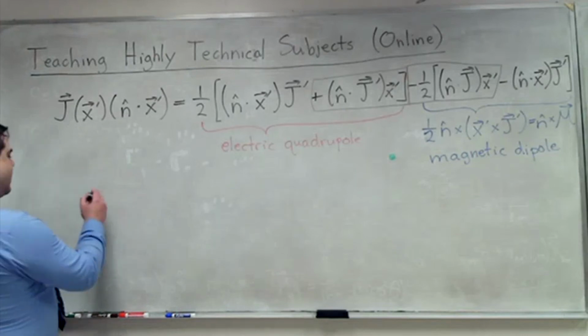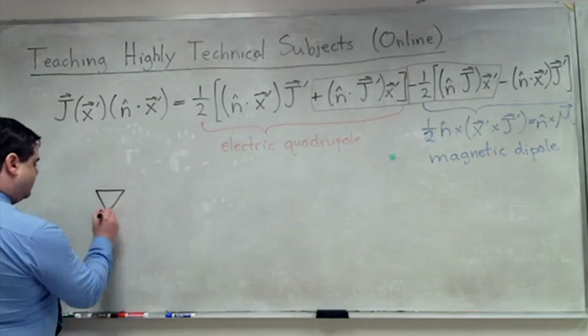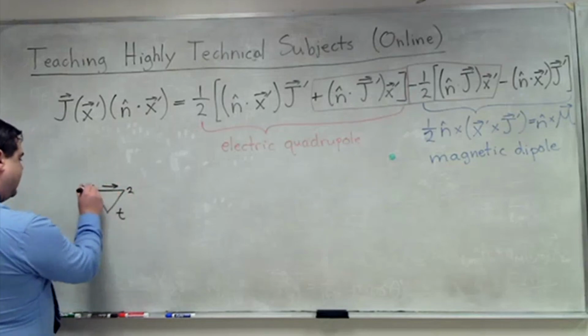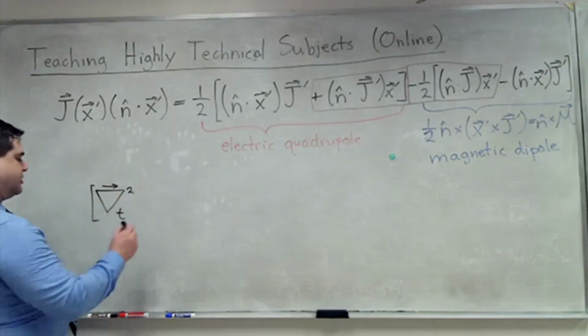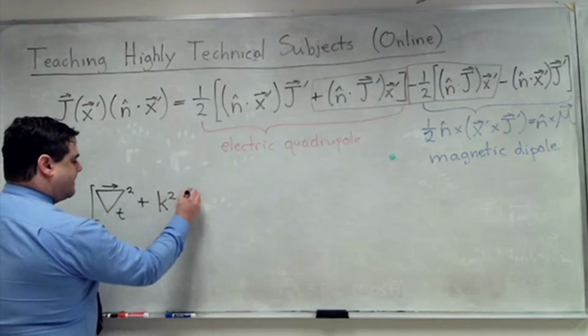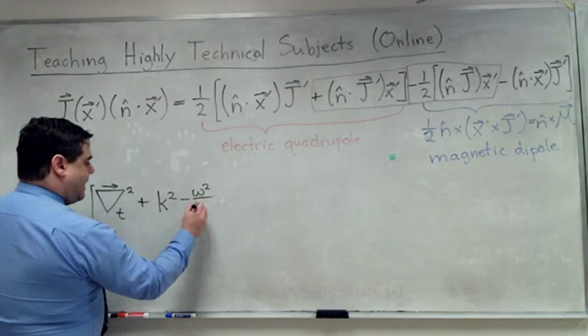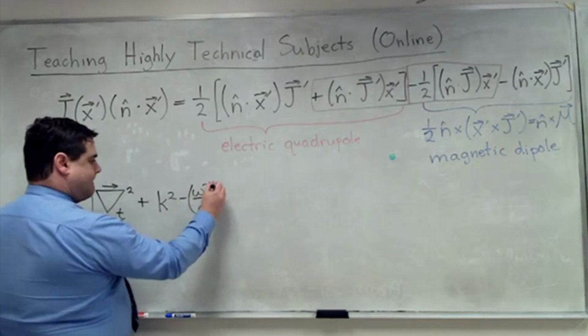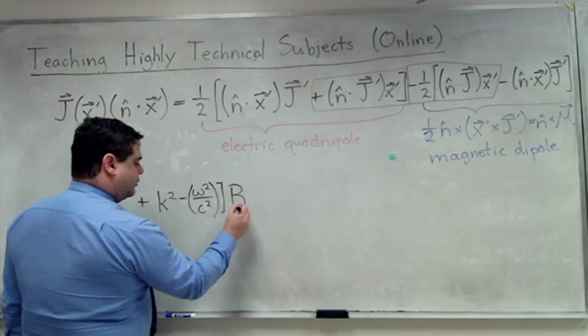So I may write something down like, say, tell them that we are looking at the longitudinal magnetic field in a waveguide, and it is going to obey an equation that looks like this.